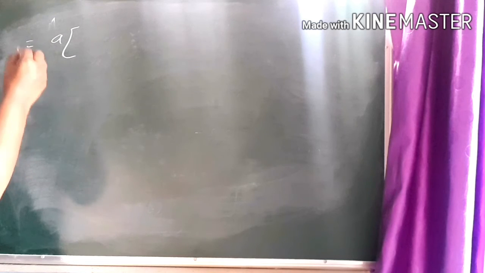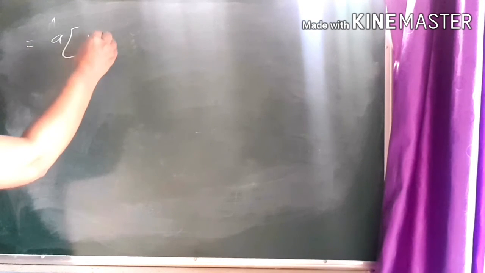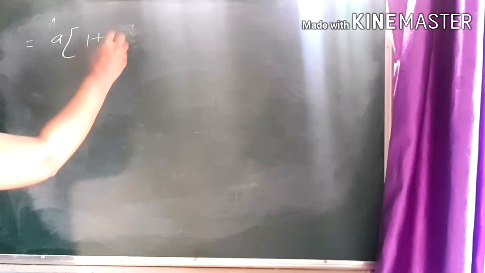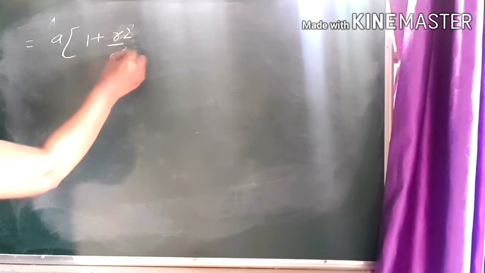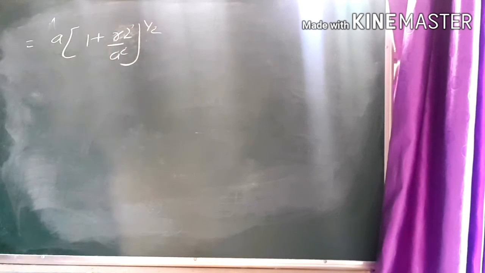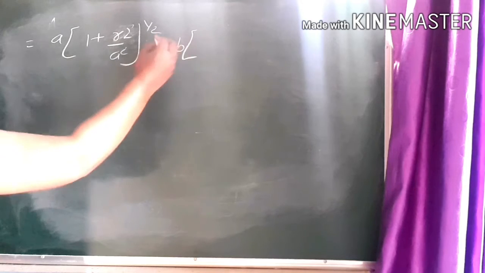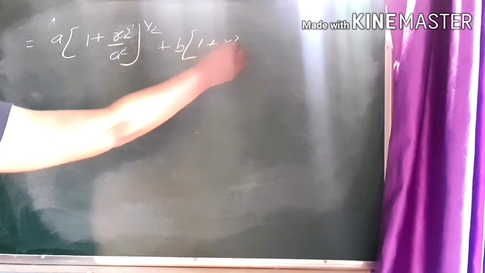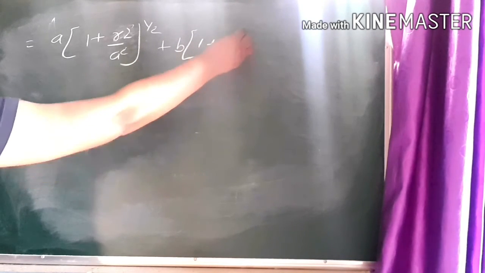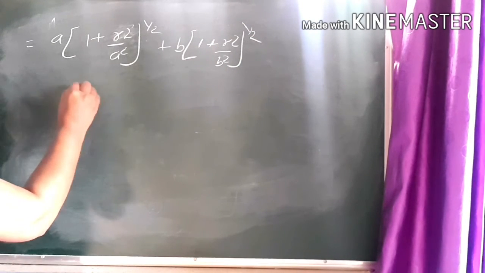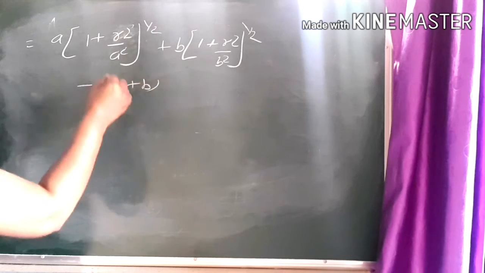Now by taking the constant values outside the bracket, we have a into (1 plus r square by a square) raised to power 1 by 2. Similarly, b into (1 plus r square by b square) raised to power 1 by 2, minus (a plus b).